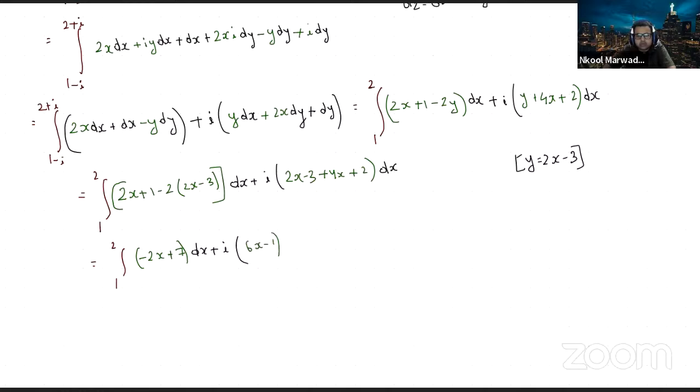Now what I can do is that both the real term and the imaginary term, I can integrate separately and put the limits to get the answer.